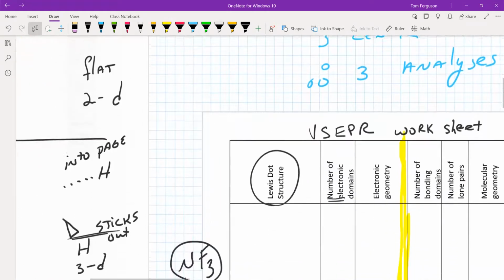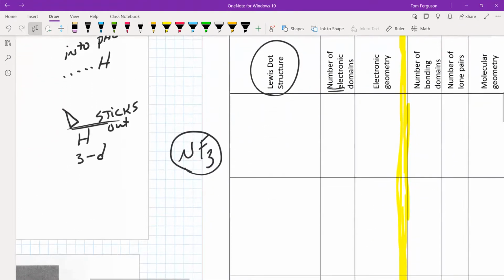So let's look at an example. Okay, let's look at NF3. First thing you do is the Lewis dot structure. So let's do the Lewis dot structure for NF3. So it's going to look like this.